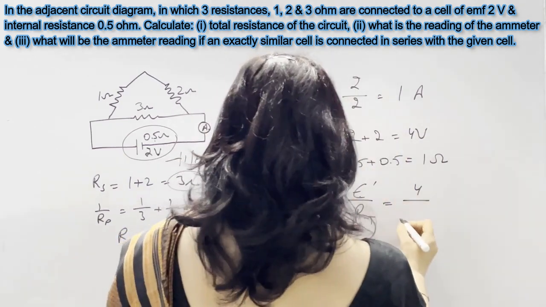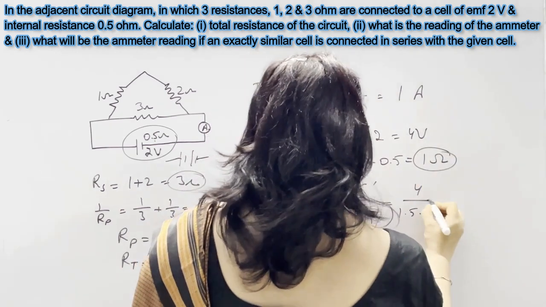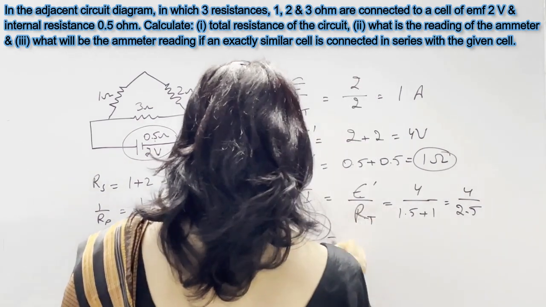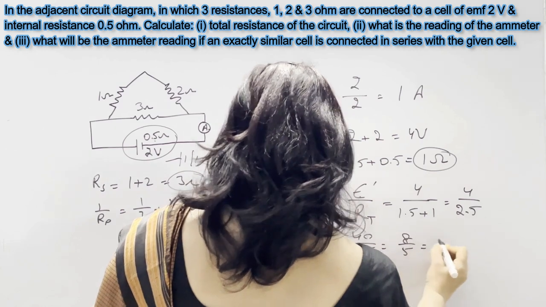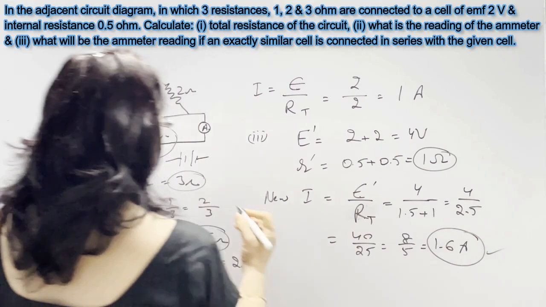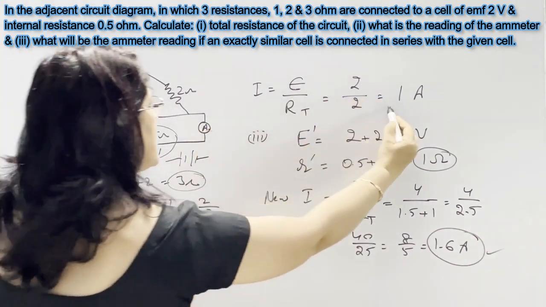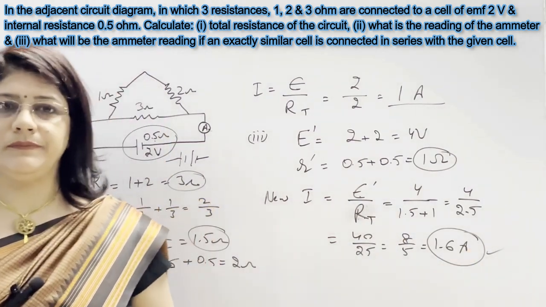Total resistance is 1.5 initially, and then the new internal resistance, so 4 upon 2.5. It means 40 upon 25. So 8 upon 5, which is 1.6 ampere, is the new value of the ammeter. Although the initial reading of the ammeter is 1 ampere, the new reading is 1.6 ampere.